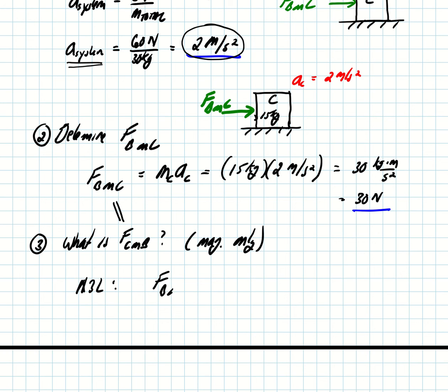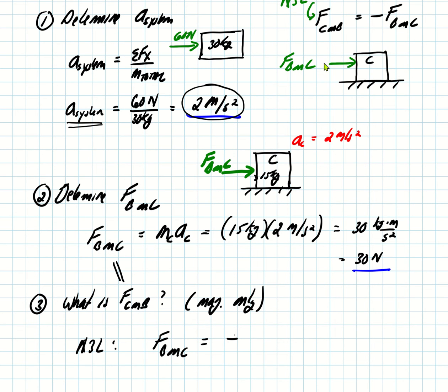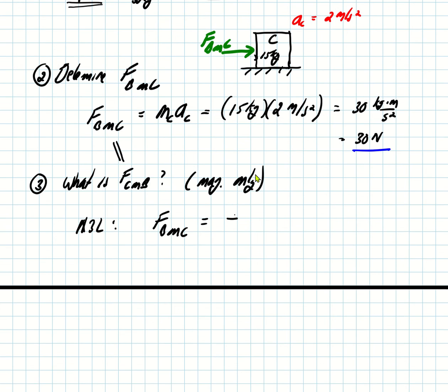Force of B on C equals negative, but again, I don't want to focus on the negative right now because we're only asked how hard. That's a magnitude only. I don't care what direction. We know that C is going to be pushing to the left. If B is pushing to the right, C is pushing to the left.